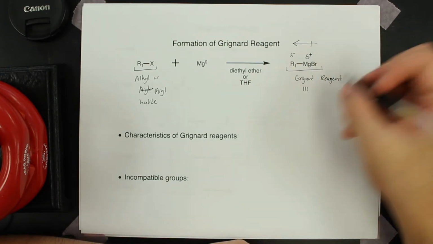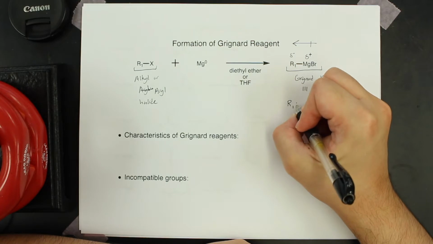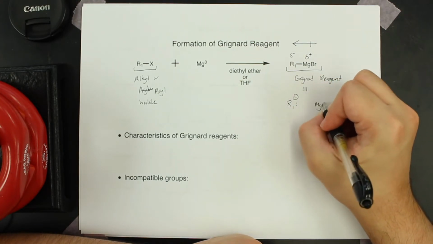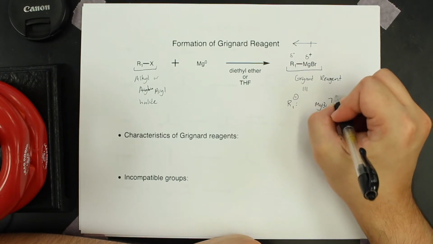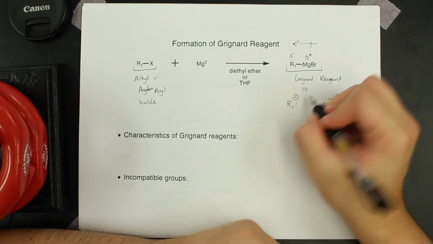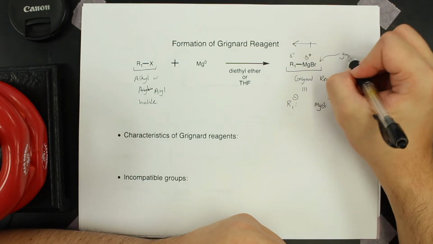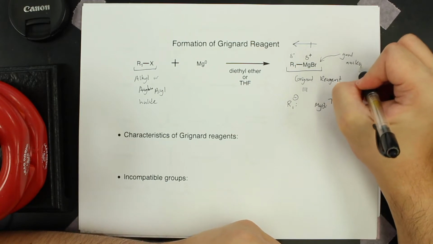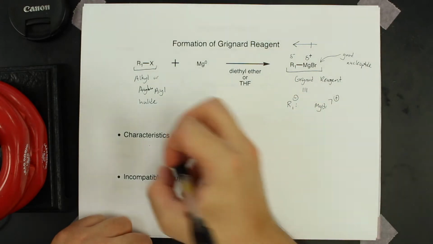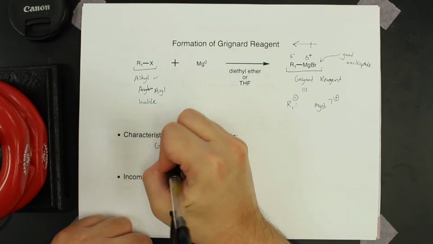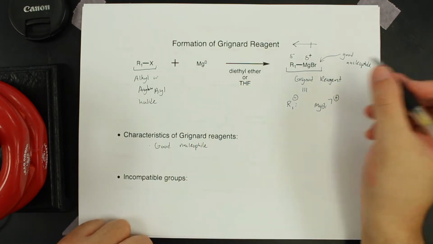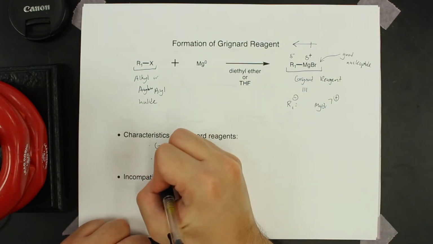You can also think of a Grignard reagent as a carbanion, a carbon with a negative charge with a magnesium bromide or magnesium halide counterion. That explains the reactivity, in that this is now a good nucleophile, a carbon nucleophile. One of the characteristics of the Grignard reagent is that it's a good nucleophile. And of course, the electrophile in a Grignard is the carbonyl species, but it's also a very good base.